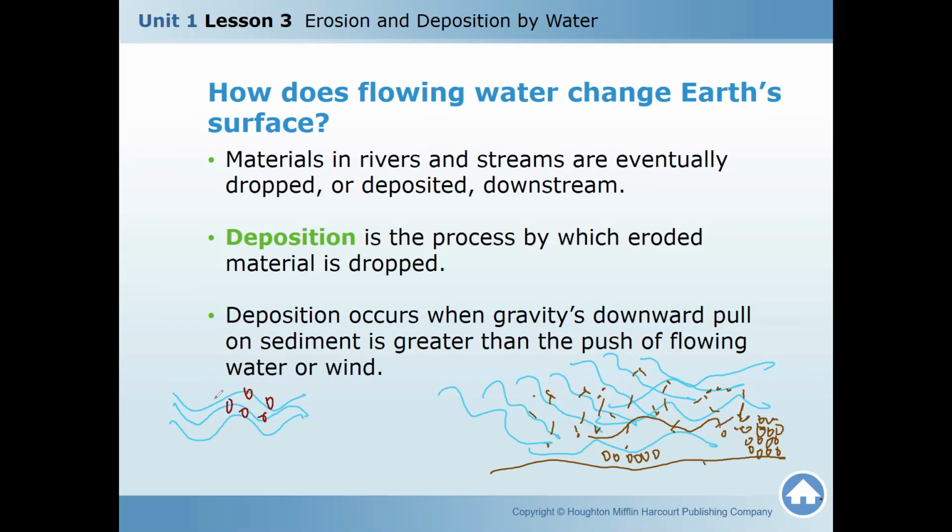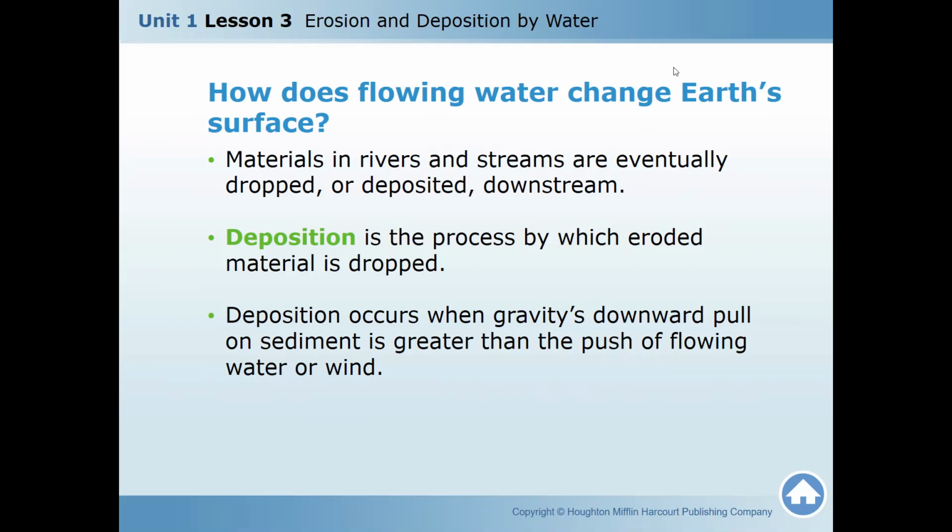Now, when the force is not there, these sediments are dropped down. They are deposited in some form, maybe like a triangle, or they form something else. So when does this deposition occur? When gravity's downward pull is greater than the push of flowing water or wind. Of course, if something is dropped because of gravity, it will go down and deposit.